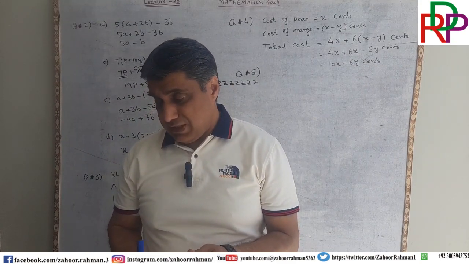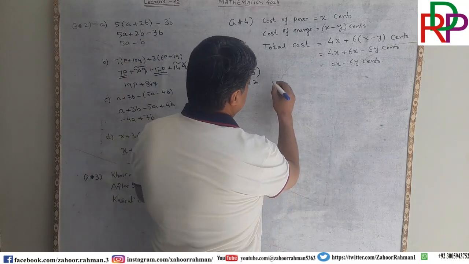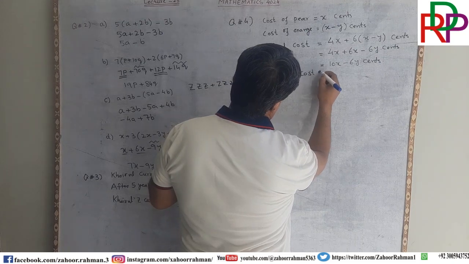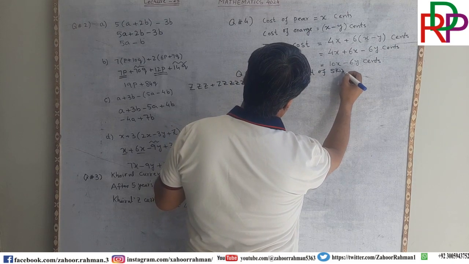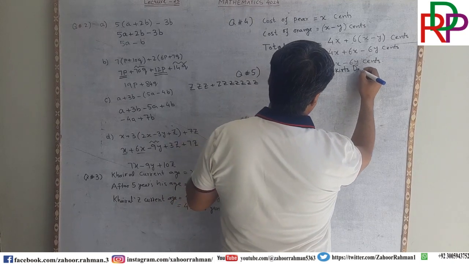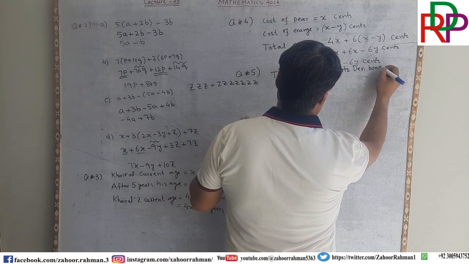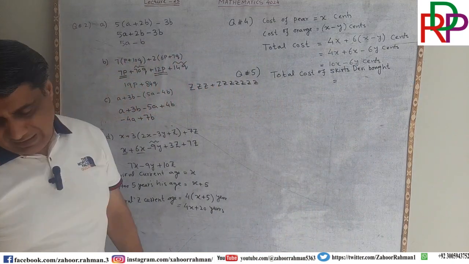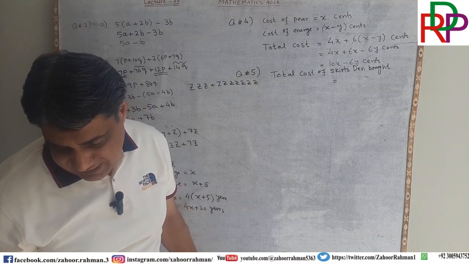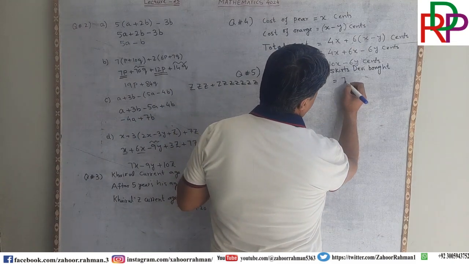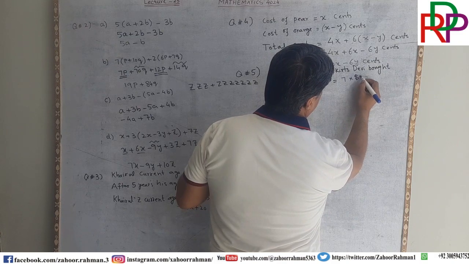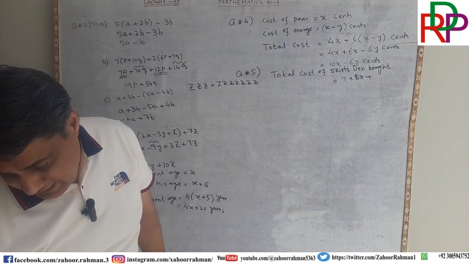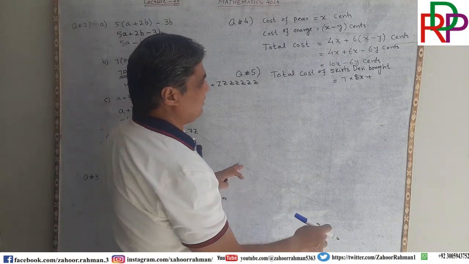Total cost of skirts Devi bought is equal to, now the first part is 7 skirts at X. So 7 multiplied by $X plus, the next part is saying N skirts at 12.